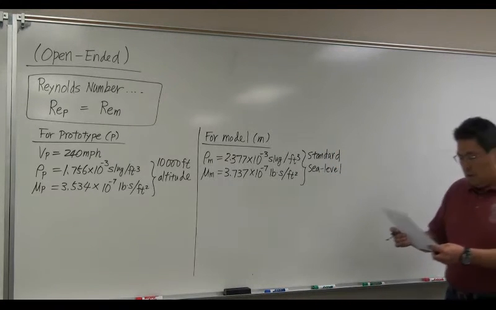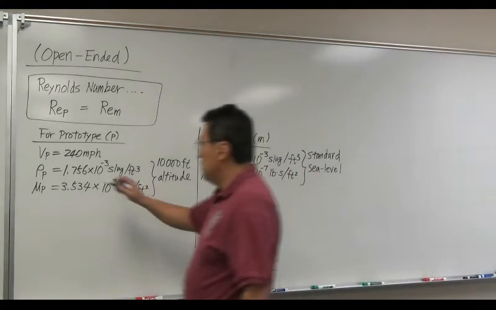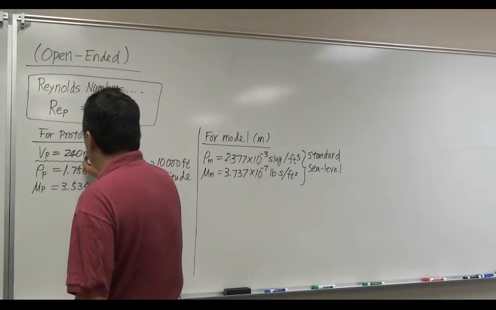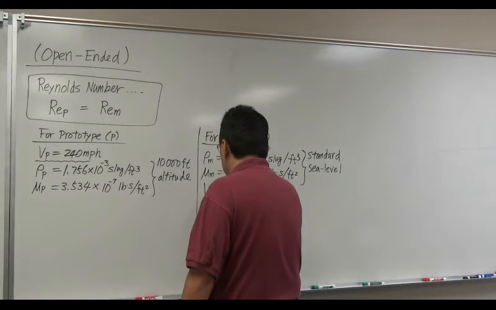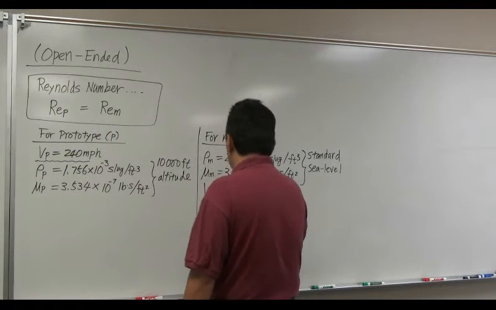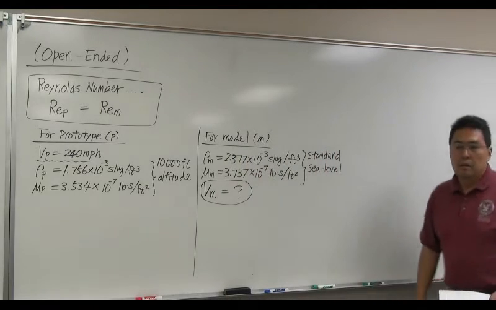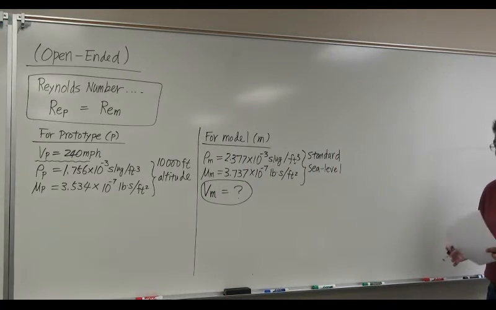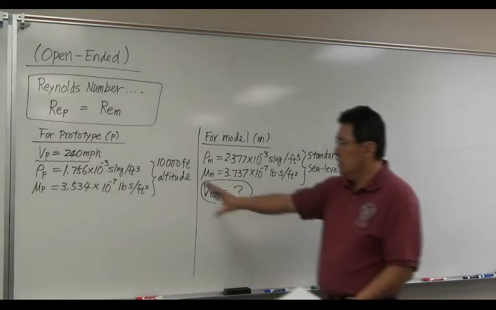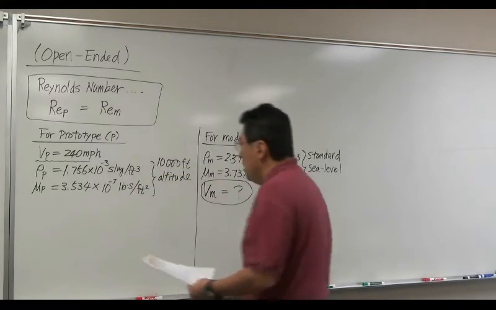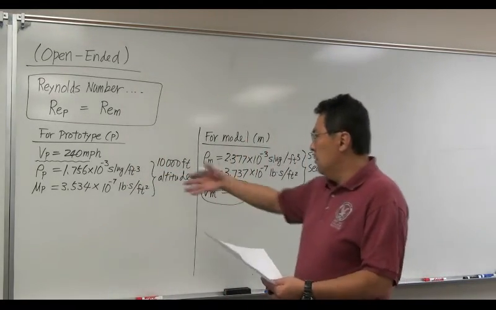Okay? So your purpose here is, what is the wind tunnel test section airspeed setup? So how fast should I go for testing in order to represent the similar condition of that? So should I go for 240 miles per hour?